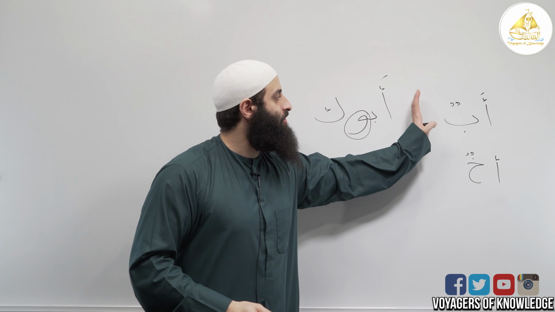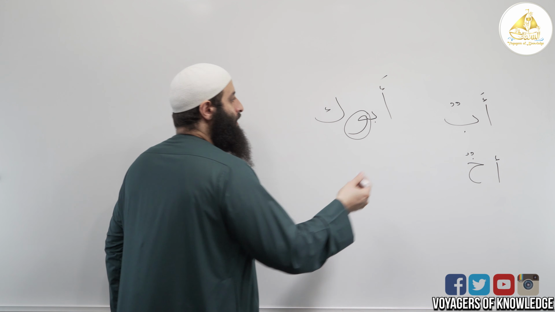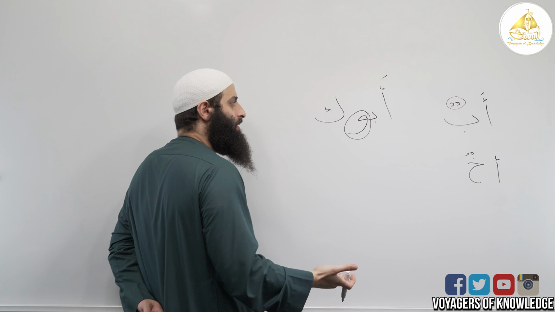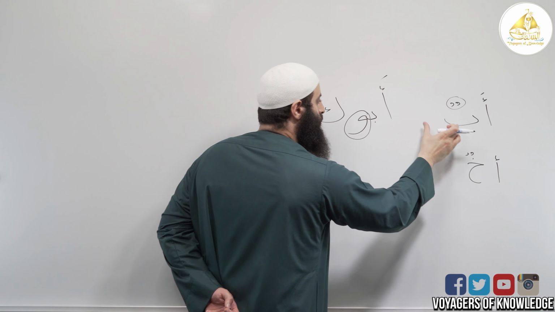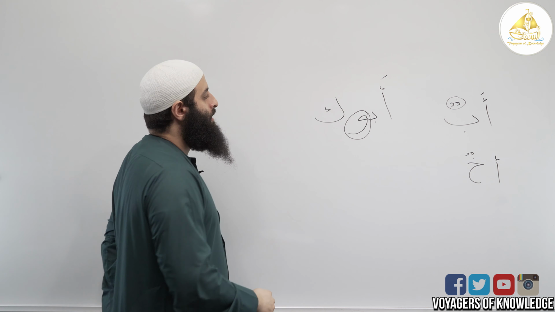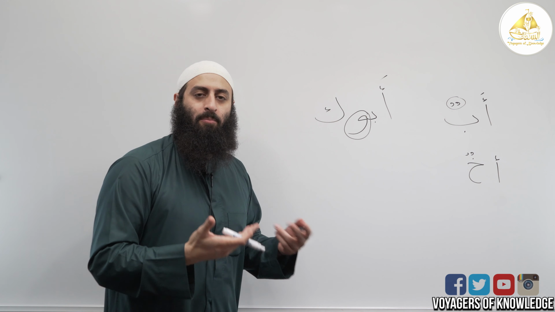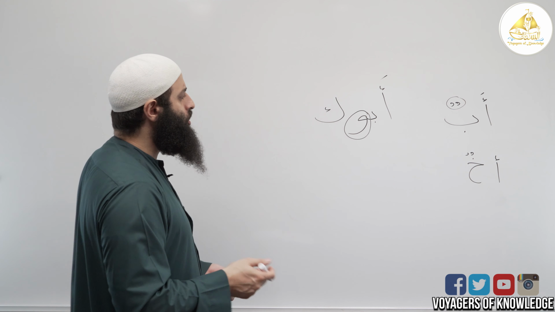Like over here, if you said the word abun, what's the symbol that it's marfu'? You say the dhammatain al-dhahira, the apparent dhammatain.